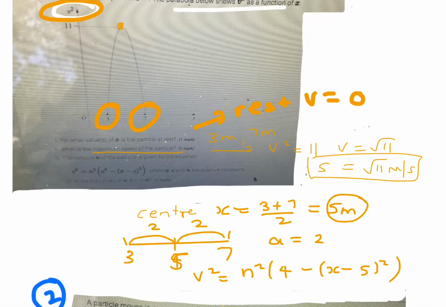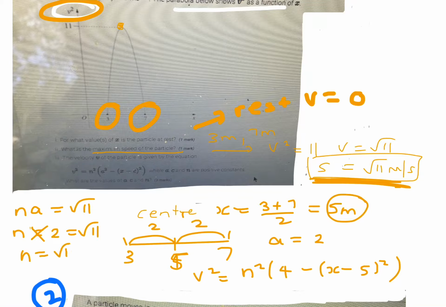We do know that the maximum speed is root 11, so you could use that na equals root 11. And then we know a is 2, so 2n equals root 11. So n is root 11 on 2. And that's probably the easiest way to do it.